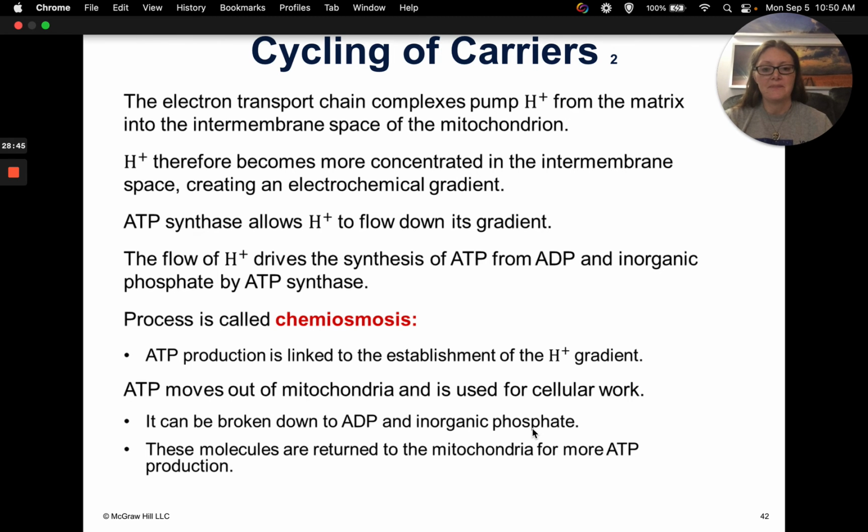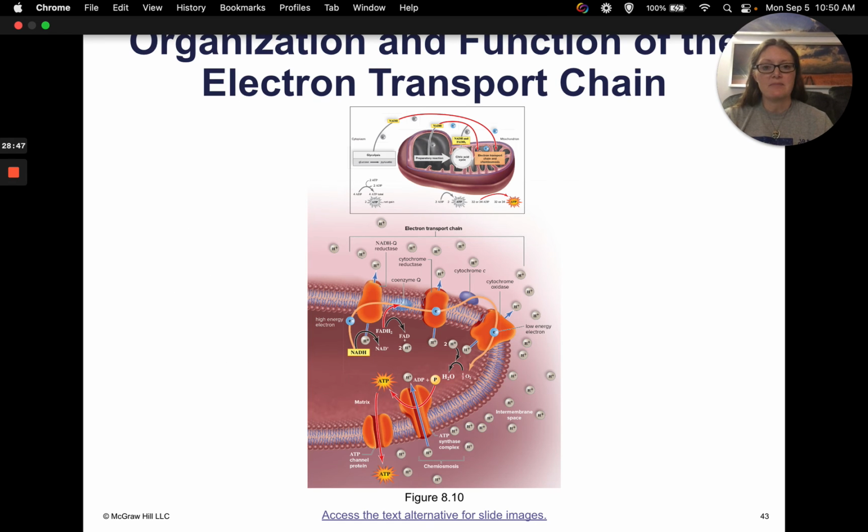All right, so this picture is very similar to the photosynthesis one we saw. So here we have our mitochondria membrane, and here we have the different proteins that are assisting with this process. So we have the NADH that is releasing electrons, and the bouncing of the electrons is pushing through hydrogen.